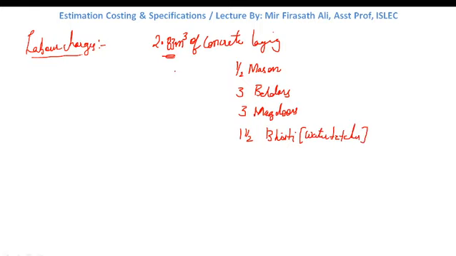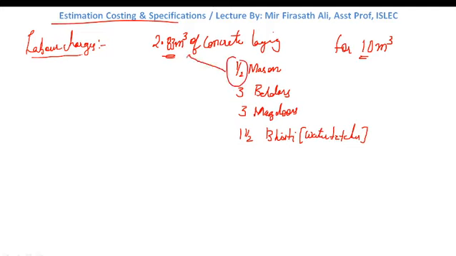Now what we required? We required for 10 meter cube. For 10 meter cube, how many masons are required? We need to calculate this. How do we get this? This half mason is for 2.83 meter cube.